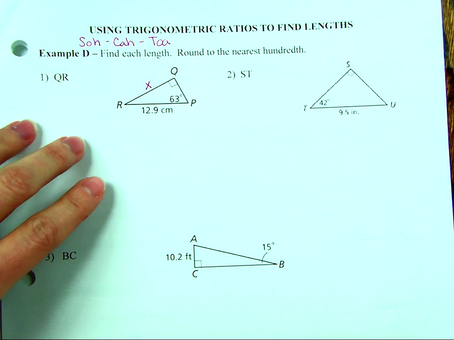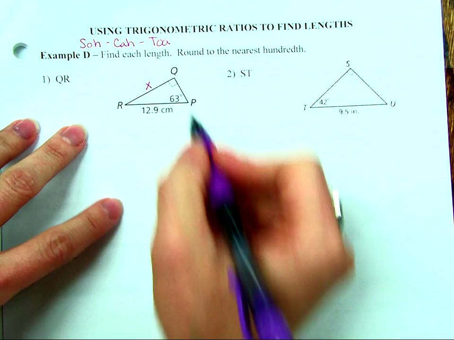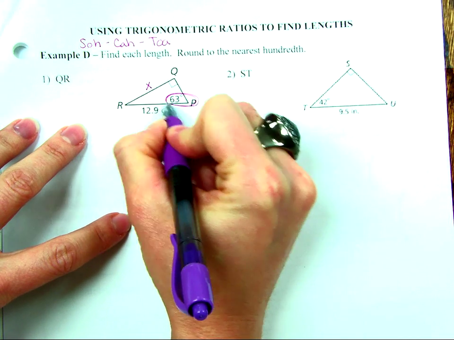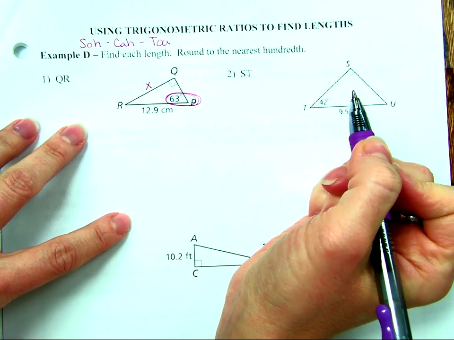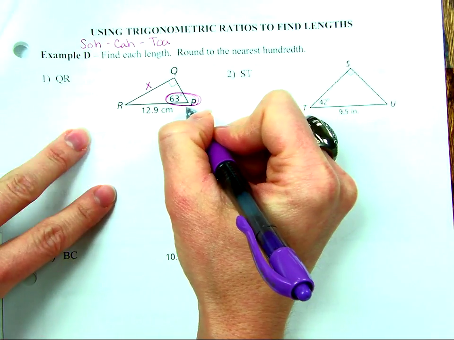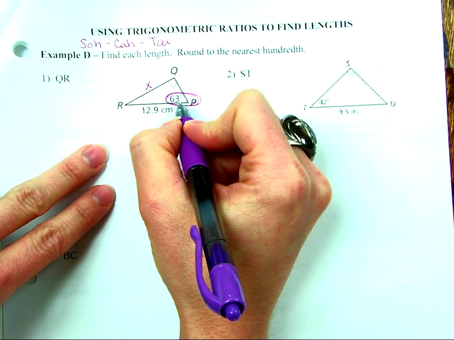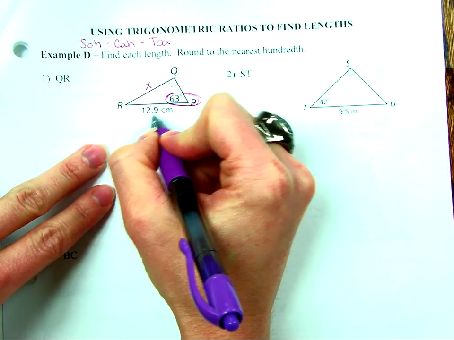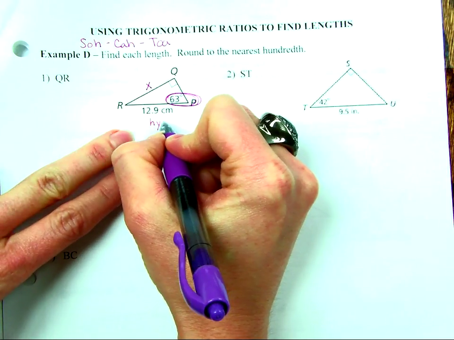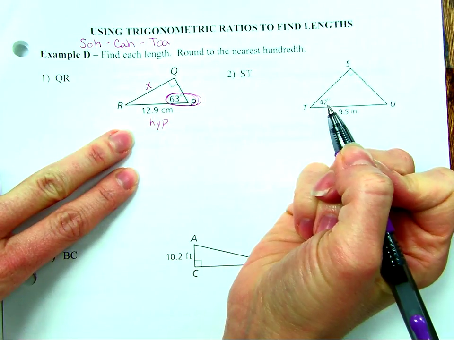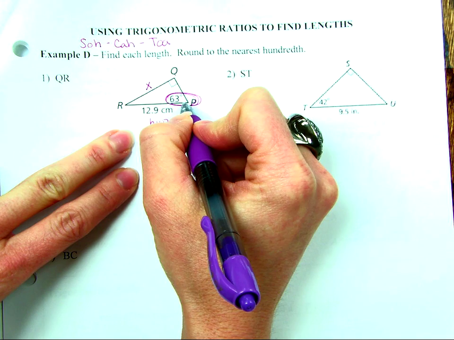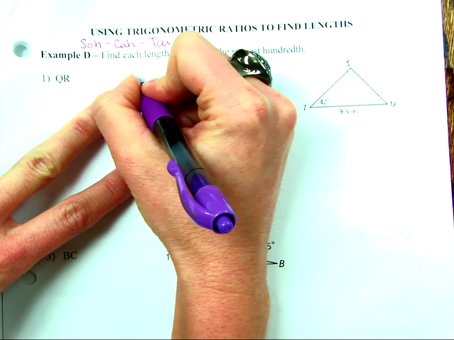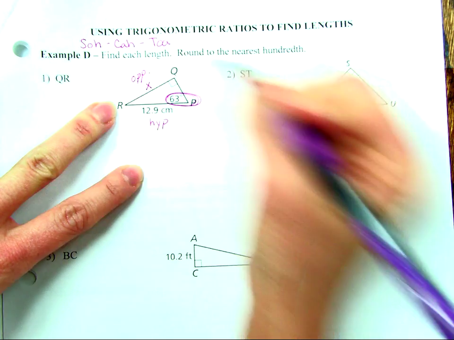And as I look at number 1, I'm going to work off of my 63-degree angle here. From angle P, 63 degrees, the 12.9 is my hypotenuse. And I'm wanting to find side x, which from angle P is the opposite side.